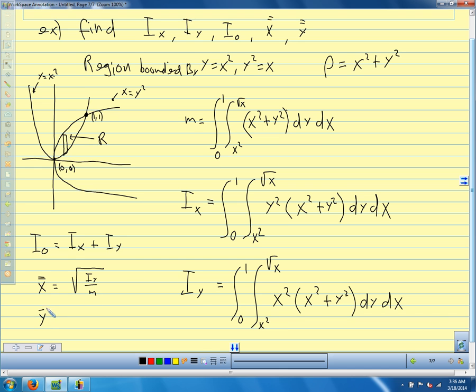And y double bar is just going to be the square root of I sub x over the mass. So once we have these three, these are the three integrals that we need for everything else. And we would evaluate these. Not difficult ones to evaluate.